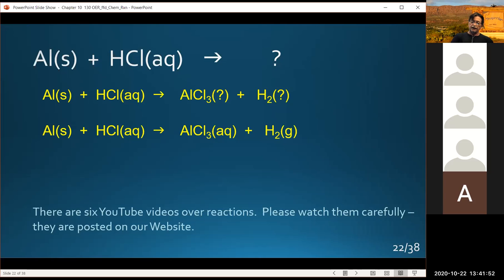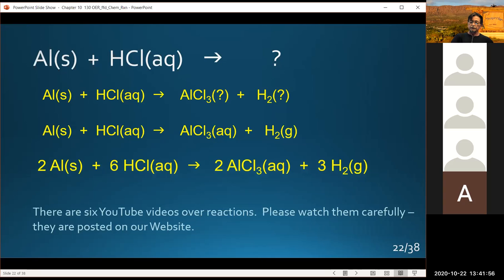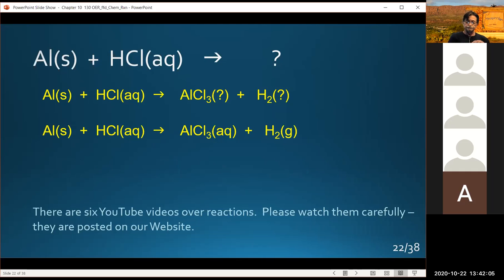We can balance that out by putting a 6 here, right? How do we come up with 6 hydrogens? What can we do? Let's go back and analyze that.